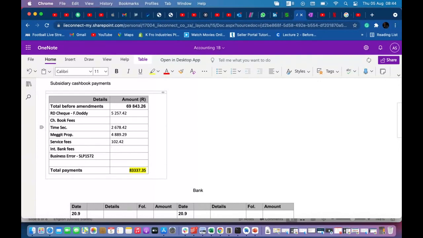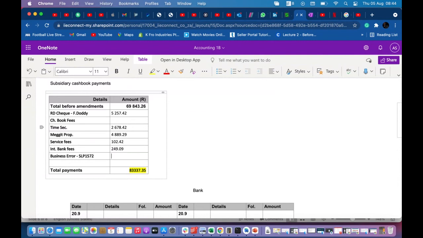Then we had interest on bank charges. Okay, guys, in your answer booklet, you will see that they just add all the bank charges, service fees, and stuff together. Okay, which is fine. You would just prefer to separate it, but it's perfectly fine. So yeah, do whatever works best for you.